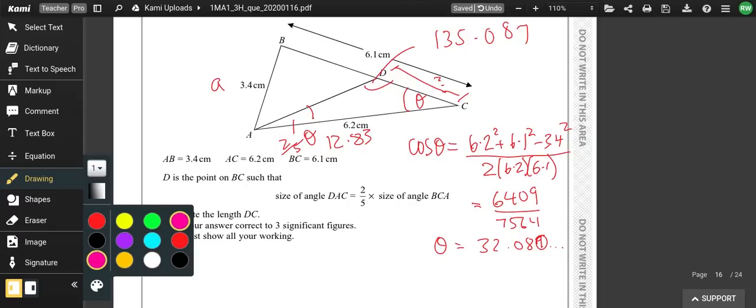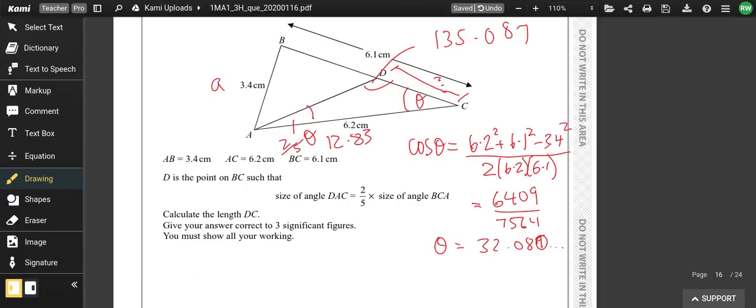So if we do sine 135, I'll use the full value on my calculator, that's going to be over 6.2 because that's the opposite of that one. And we can do this one here, that one there: sine of 2/5 theta, which we have on our calculator, over DC, the one we're trying to find.